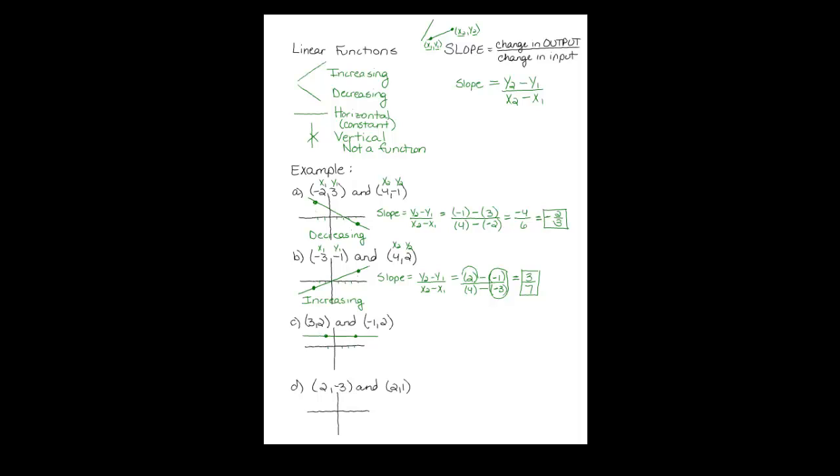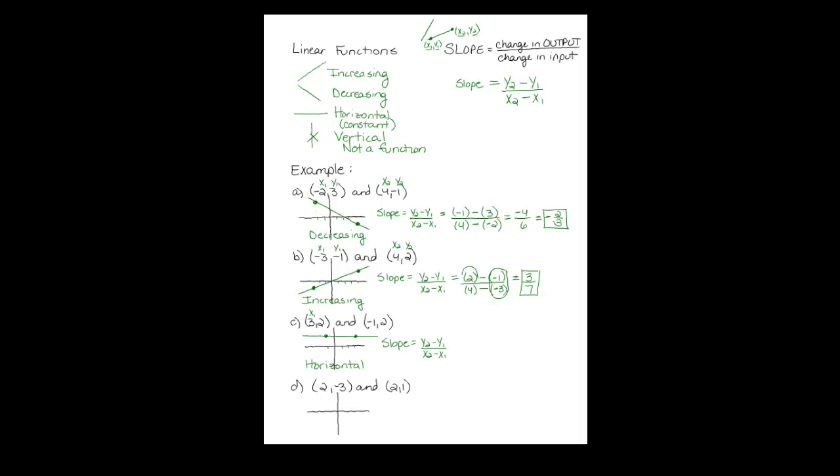and you can see here we have a constant function or a horizontal line. And let's see what happens with the slope here. Slope, again, copying down the formula, y2 minus y1 divided by x2 minus x1.